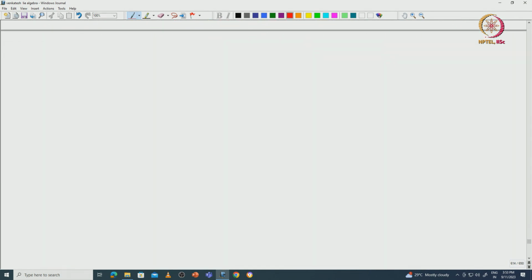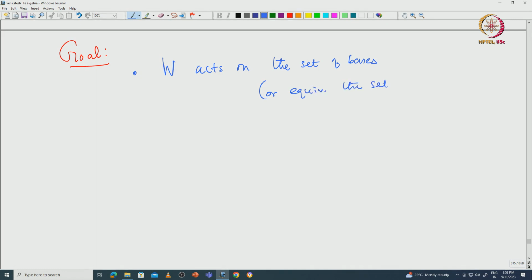So, what are all our goals? Let me write it so that we will not be lost. The very first goal: W acts on the set of bases, or equivalently the set of Weyl chambers, in a simply transitive fashion.